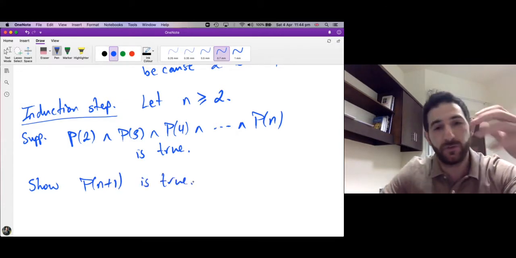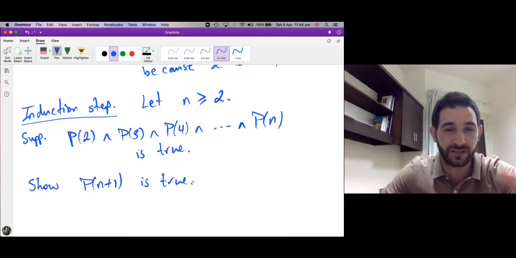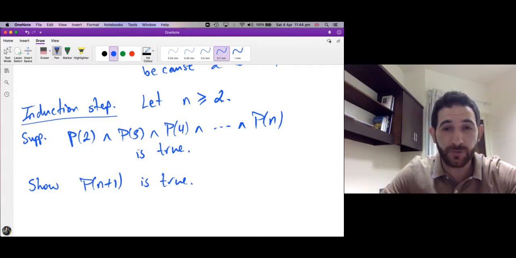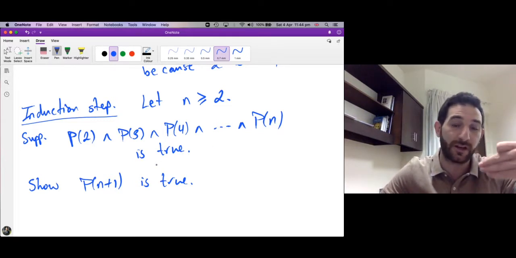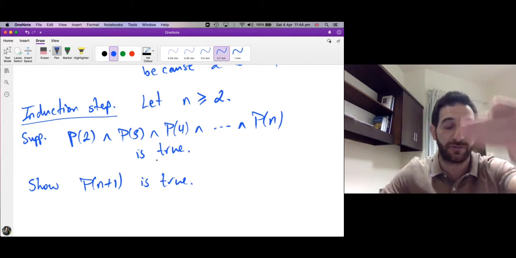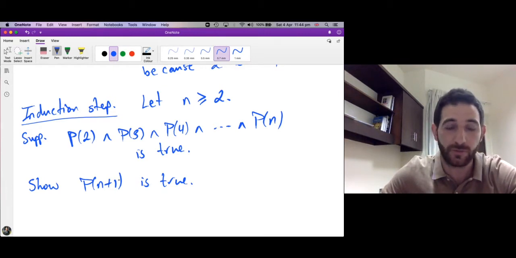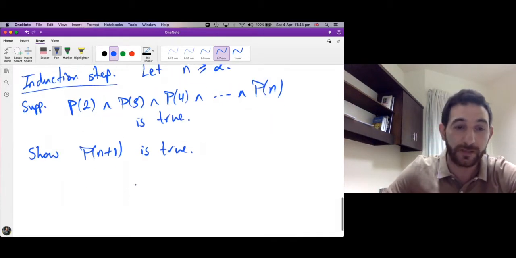Again, I hope you see the mechanism of the induction step. You choose an arbitrary integer n bigger than or equal to 2, and you suppose that all the integers from 2 up to n can be written as a product of primes. And now we need to show that the integer which is the successor of n, so n plus 1, is also a product of primes. This is what we want to show, and we assume this.